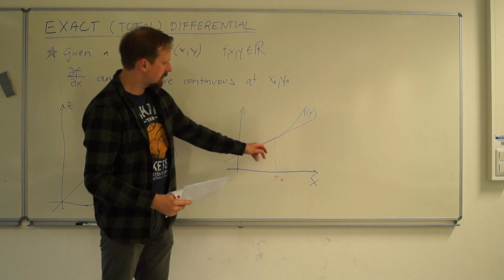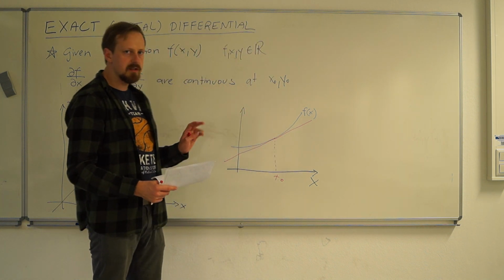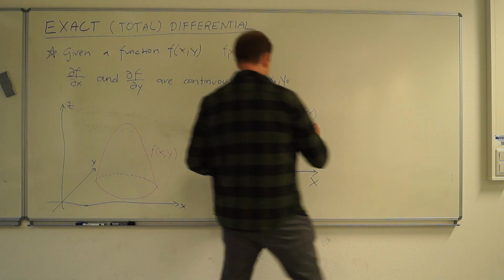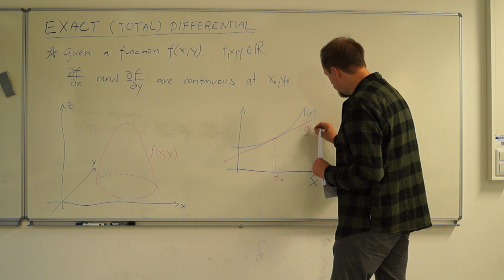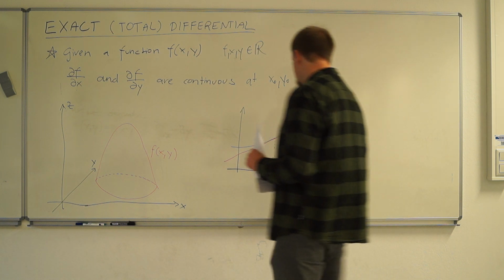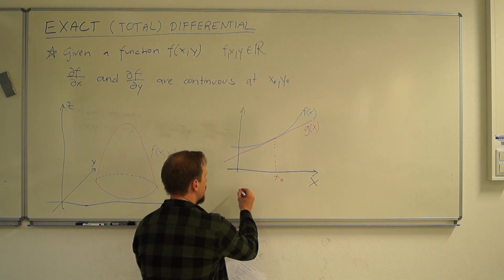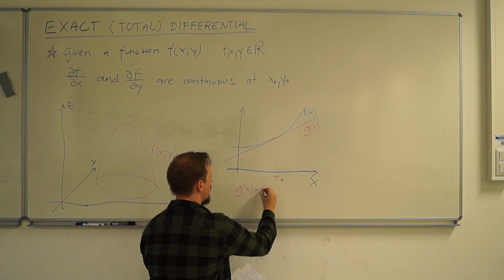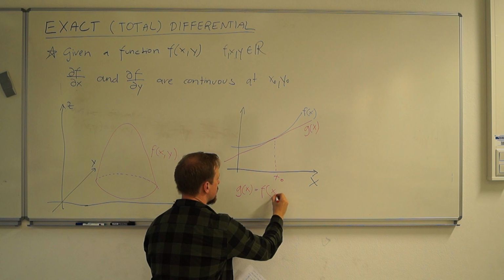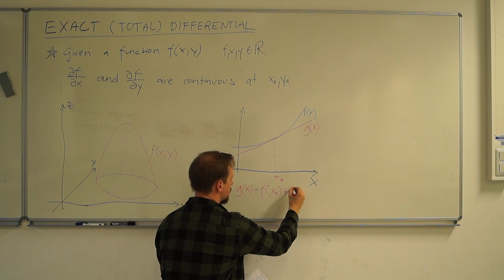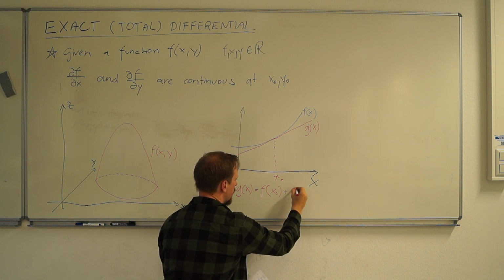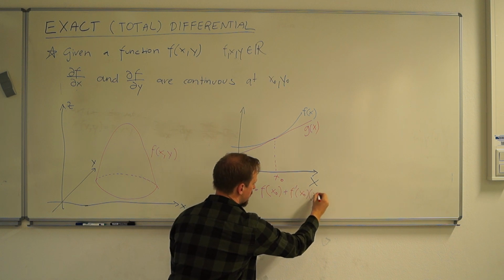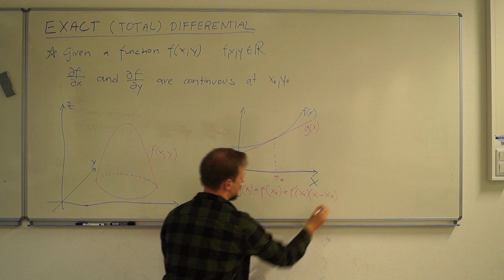Close to x naught, the tangent is a good approximation of f of x. Let's call the tangent g of x. The formula for g of x is f evaluated at x naught plus the first derivative of f evaluated at x naught times x minus x naught.